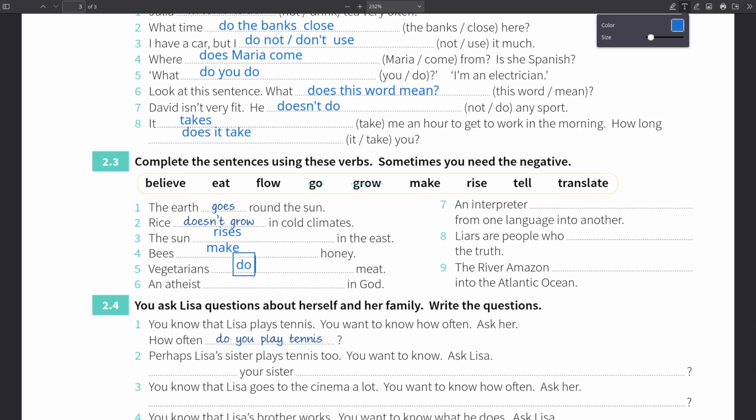Vegetarians do not or don't eat meat. I'm going to write both. I almost forgot about the negative sentence. I say, what, vegetarians eat meat? What? But anyway.